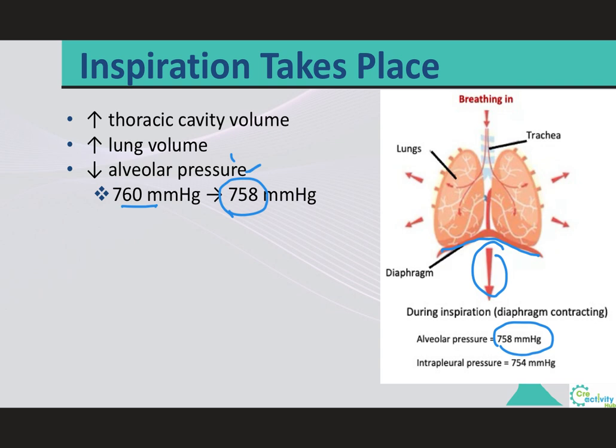And this pressure difference is established between the atmosphere and the alveoli. Because air always flows from a region of higher pressure to a region of lower pressure, inspiration will take place. So air continues to flow into the lungs as long as a pressure gradient exists.